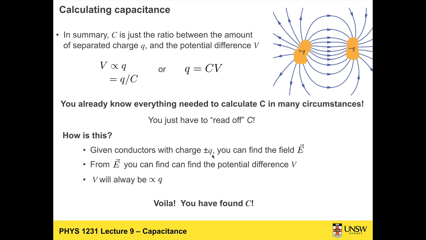Our conductors have some charge, plus or minus Q. We can find the electric field. Sometimes directly we can find the potential difference, but whenever we have the electric field, we can always find the potential difference by doing some integral, and we'll find that V is always proportional to Q, and you just read off the capacitance. So in principle, it's really, really simple. It's just a very useful concept, this capacitance, especially when we get to electrical circuits.